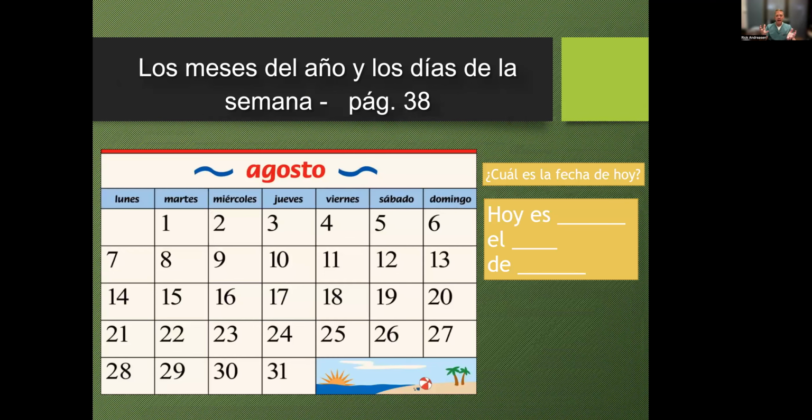All right, so let's look at a calendario. This is a sample calendario. Notice that it starts on lunes. So we're going to go to the days of the week. I will call them out and I'll have you repeat after me.